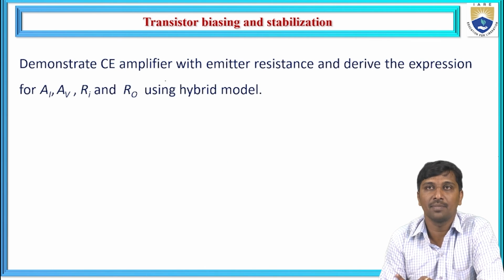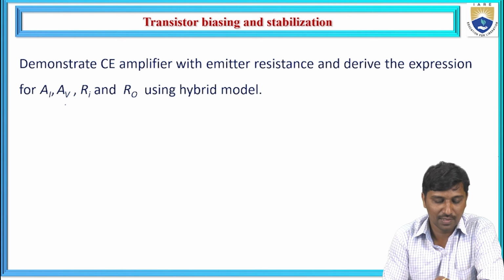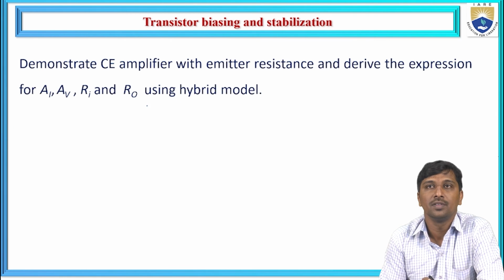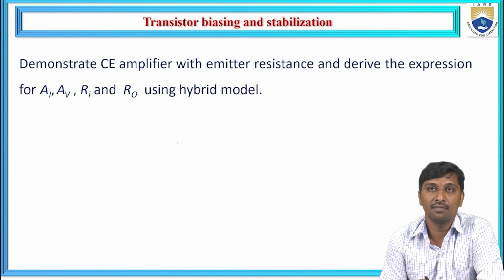Demonstrate the CE amplifier with emitter resistance and derive the expressions for AI, AV, Ri, and Ro using the hybrid model. In the previous question, the emitter was directly connected to ground.